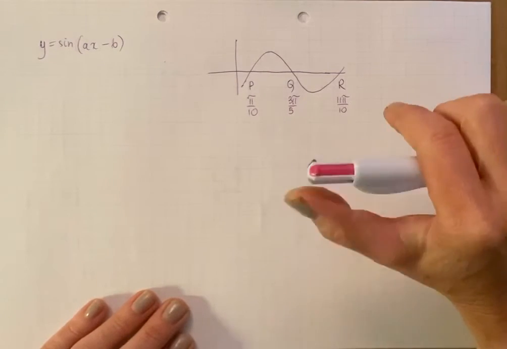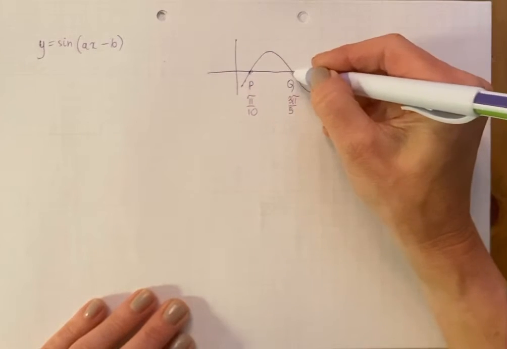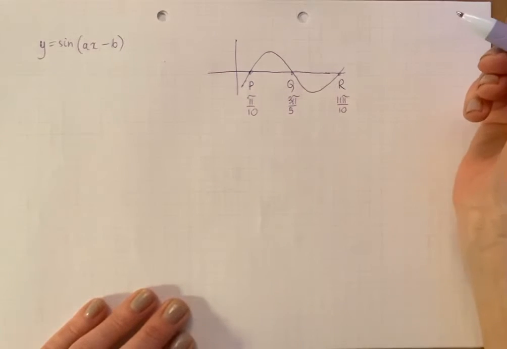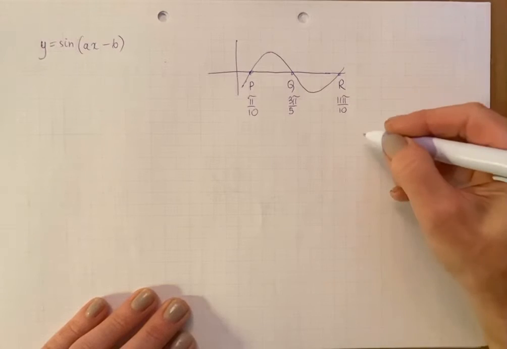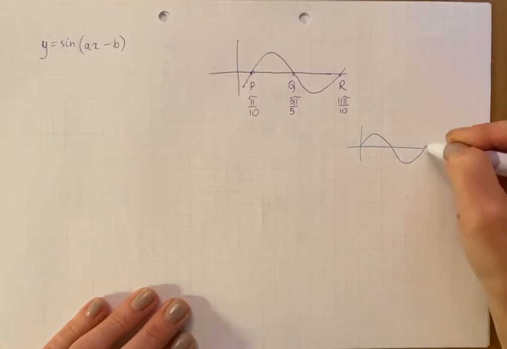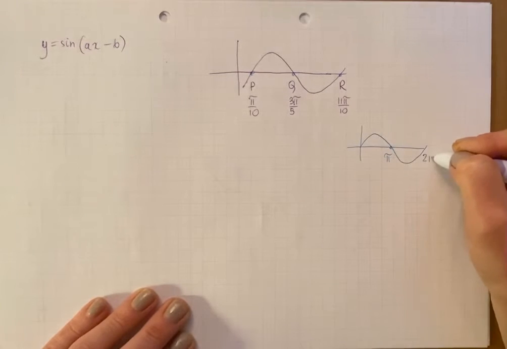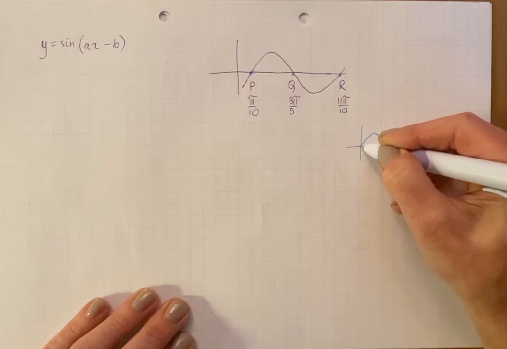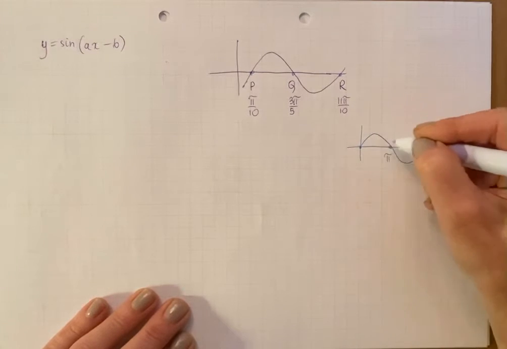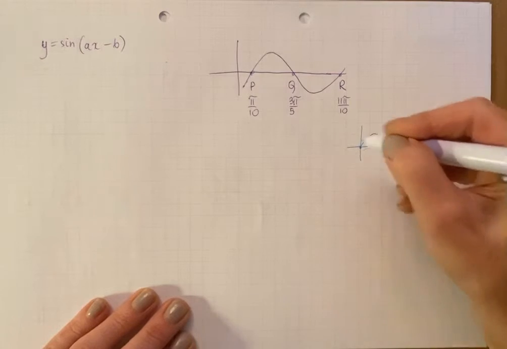So the first thing, a is pretty easy if you realize what this has got to do with the sine graph. Well, the sine graph, if you haven't transformed it at all, you've got 180 degrees, which is pi here, and 360 degrees, which is 2 pi. So the width of a hill or the trough is always 180 degrees, so pi apart.